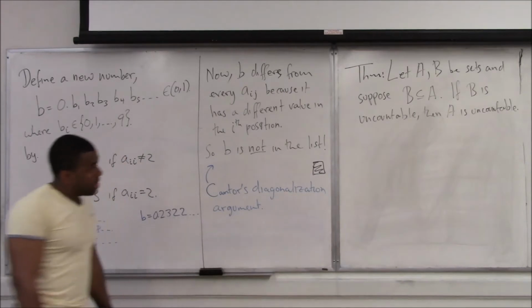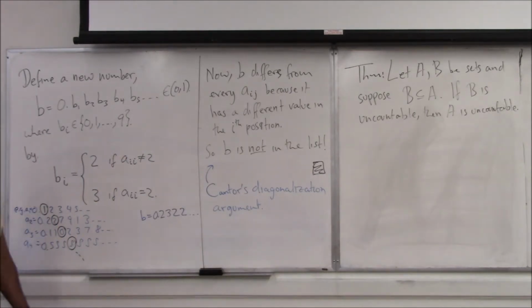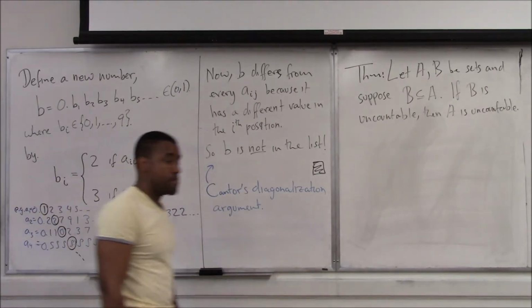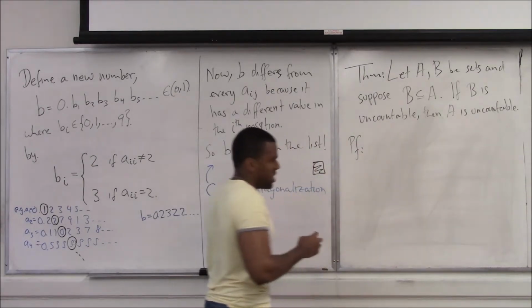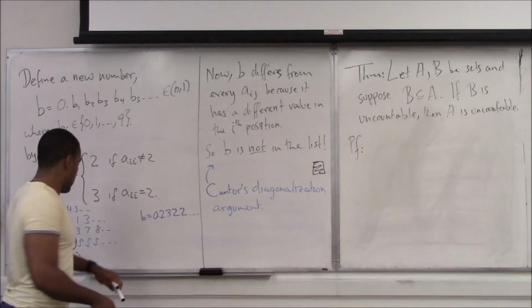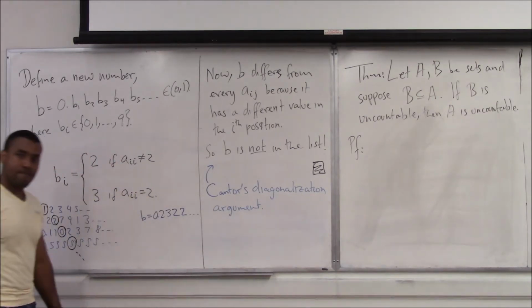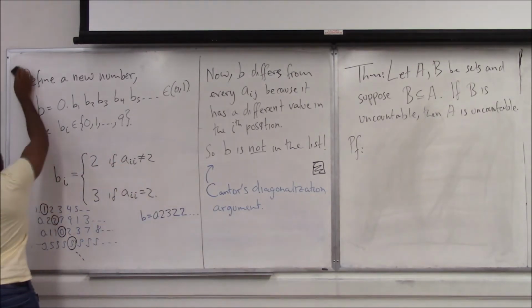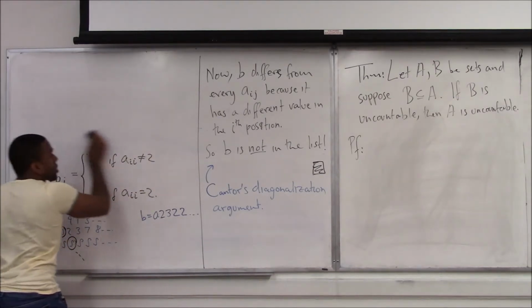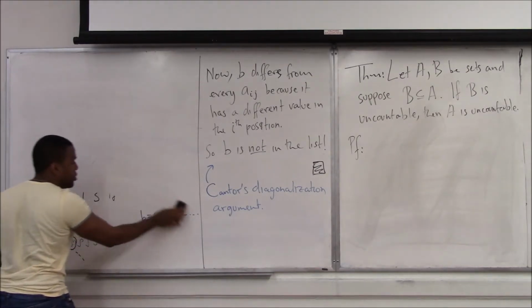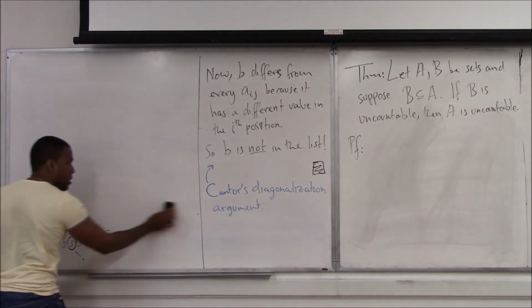If you have an uncountable subset, you yourself must be uncountable as well. The proof here is not that bad. Who thinks they can do it? If you contain an uncountable set, you must be uncountable.